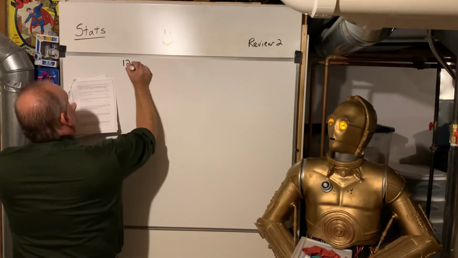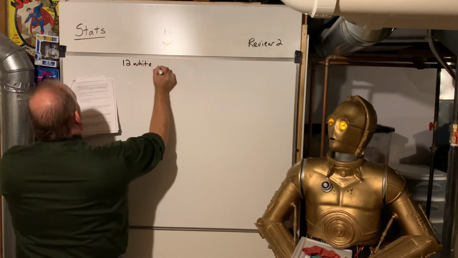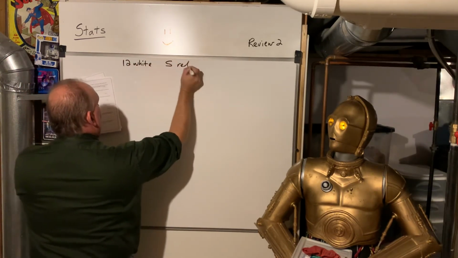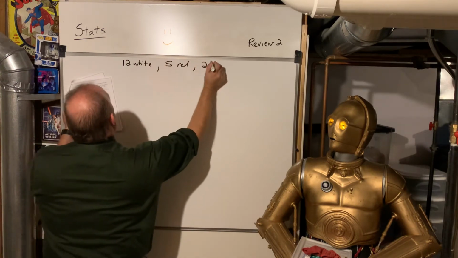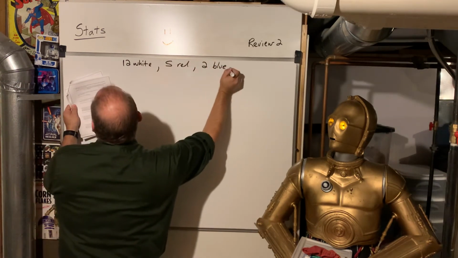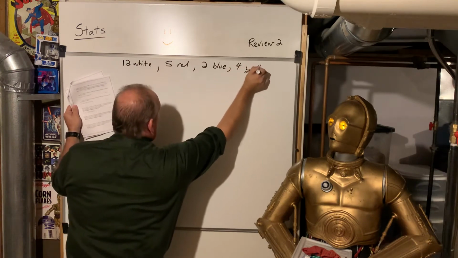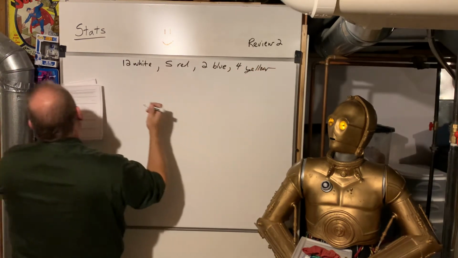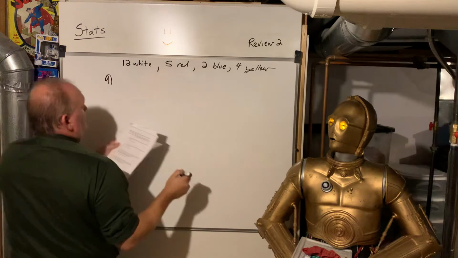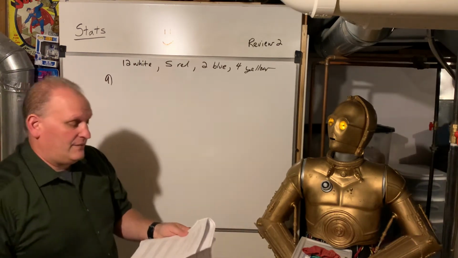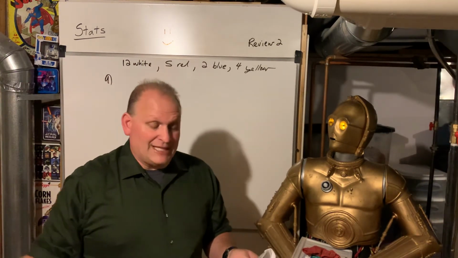Is you have 12 white, 5 red, 2 blue, and 4 yellow sweaters. Okay, and so if a customer is selected at random, that was during a sale, that's what's sold.